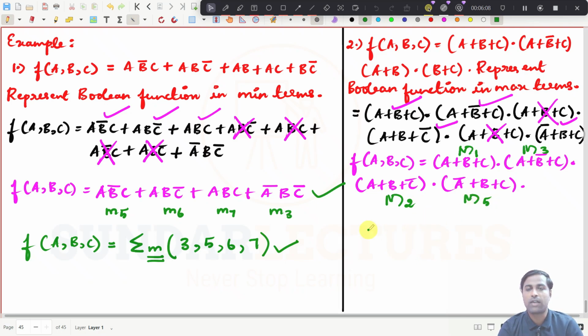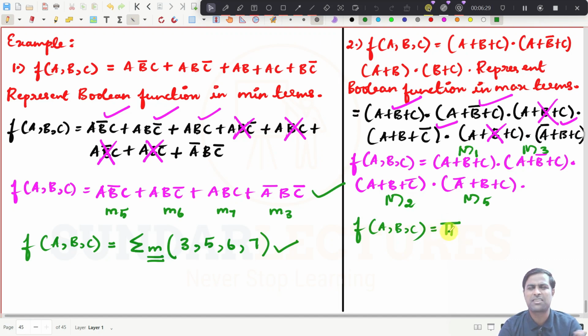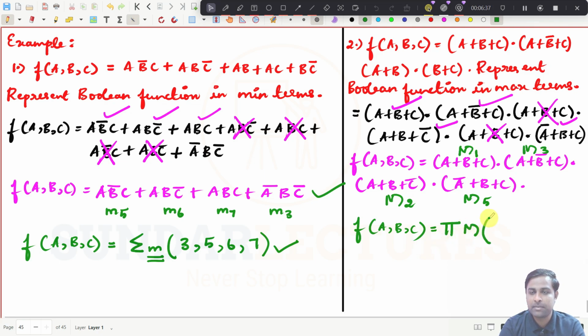So what you have to write for this term, this will be function of a comma b comma c. See here, we will use a different one. Here we have used summation because these are all added things, right? So I have used this as the summation term. But now here I will use a symbol like this. This is a multiplication symbol in Boolean functions. Multiplication of capital letter M, because these are the max terms, in bracket.